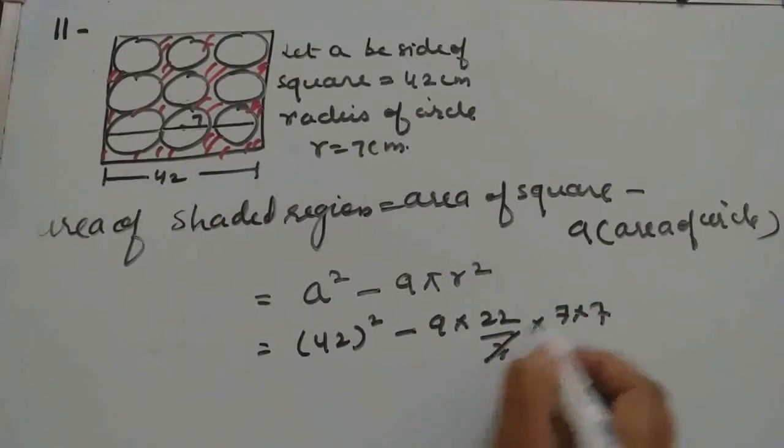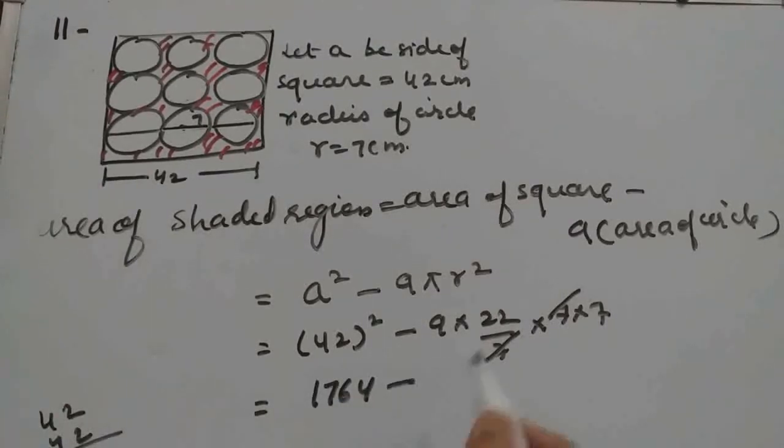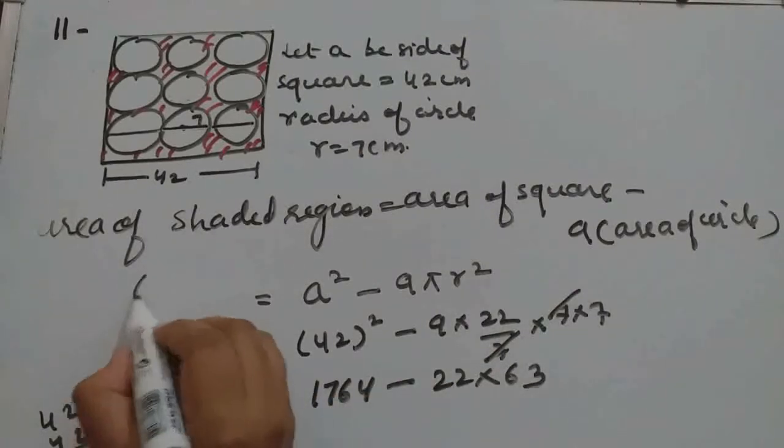So this will go. 42 square will be 1764, and this 22 into 63 we can multiply.